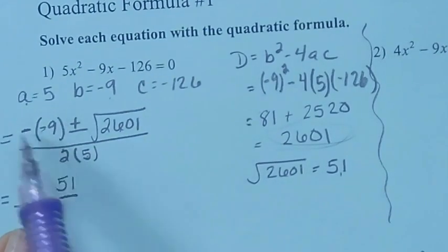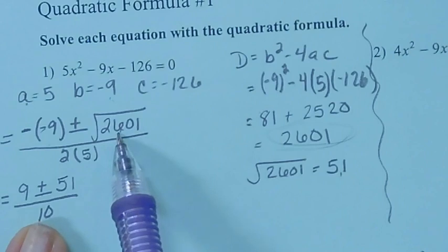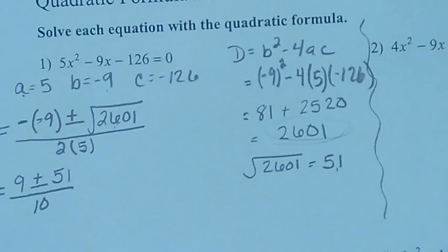The 9 came from here, plus or minus. The 51 is we took the square root of 2,601. And then the 10, I just multiplied the 2 times the 5. Now this is where we split it.